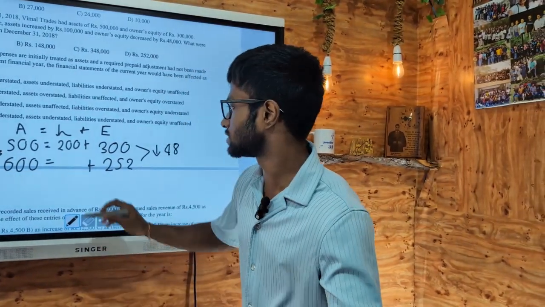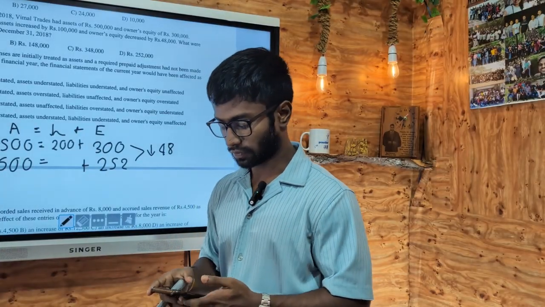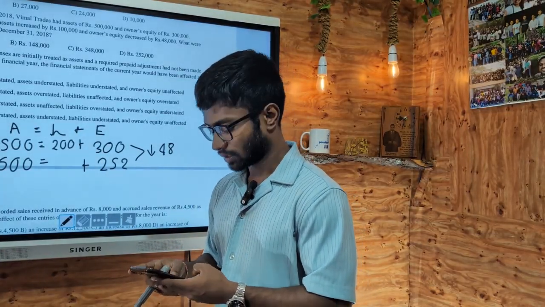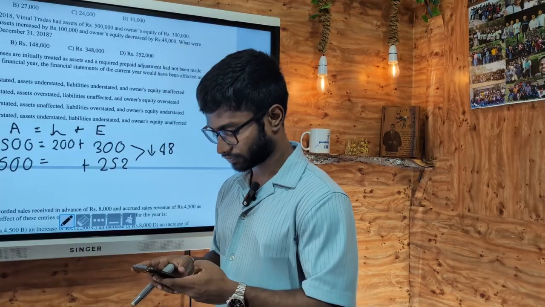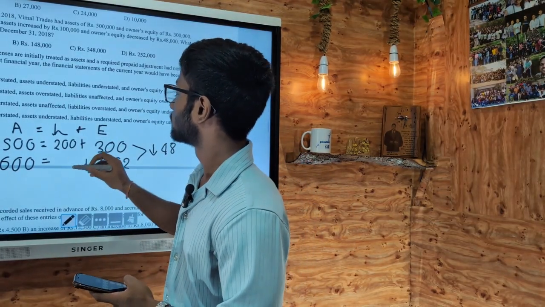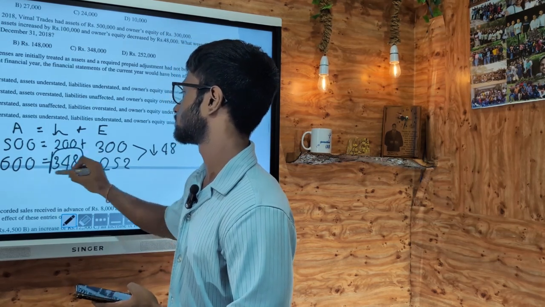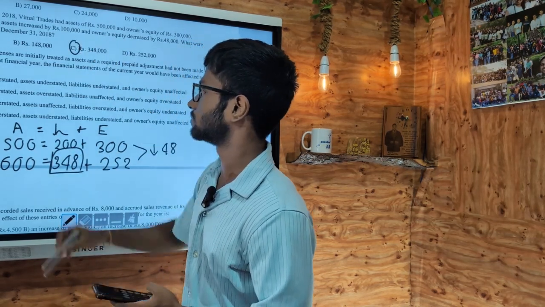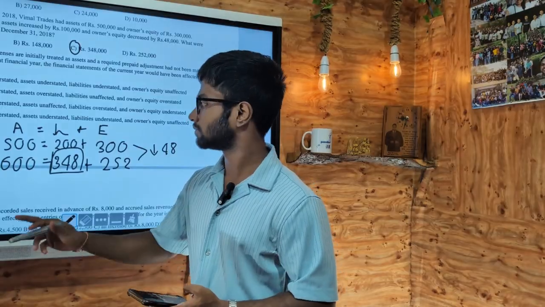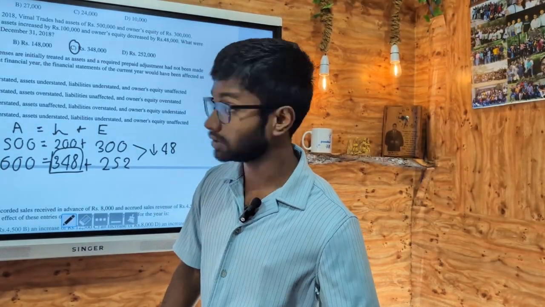Then we can just get the difference of this, because that will be the liability value. If you get the difference, then you get 348,000. So that is answer number C. I hope you have understood that. Next, we can move on to the next question.